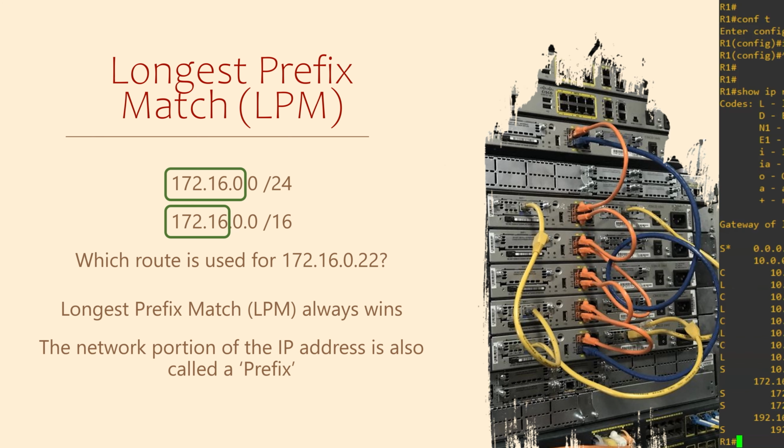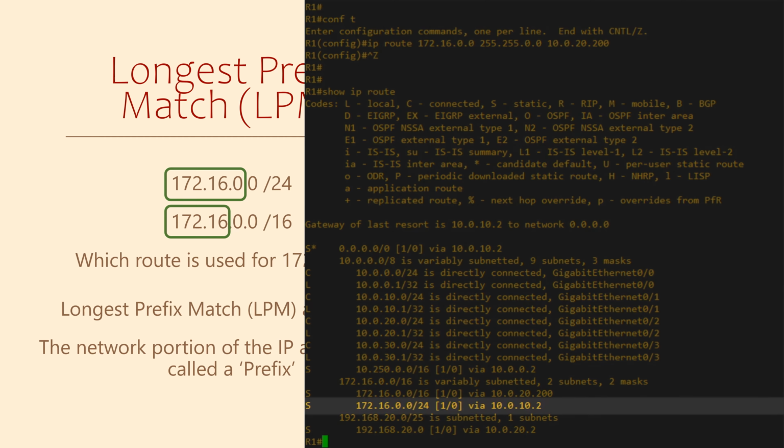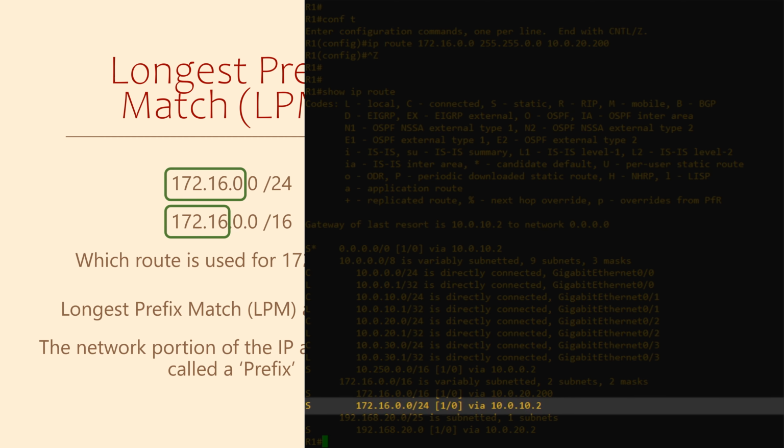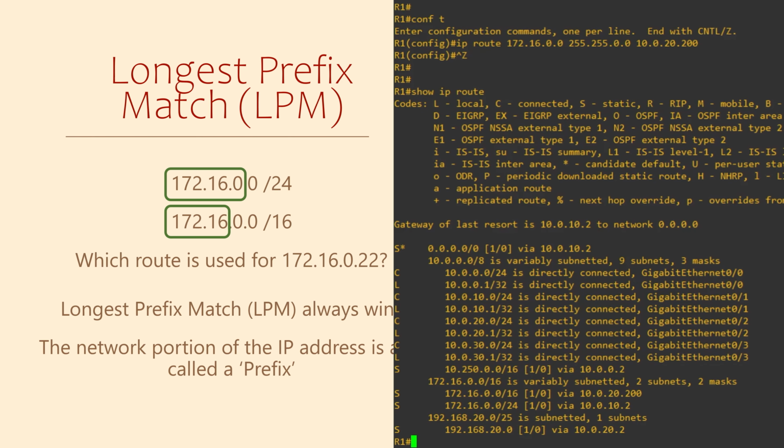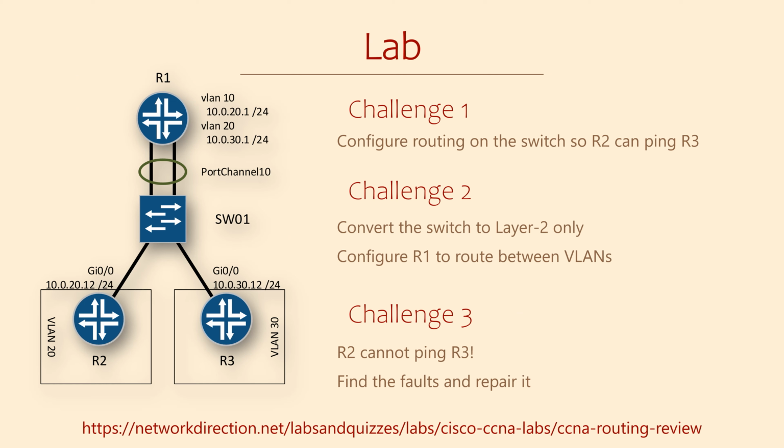Well, a 24-bit prefix, of course. So if a router wanted to forward a packet to 172.16.0.22, it would use this route. That means it would have the next hop IP of 10.0.10.2. Make sure you always remember this concept. Longest prefix match always wins. You'll find that particularly useful in these quiz questions.